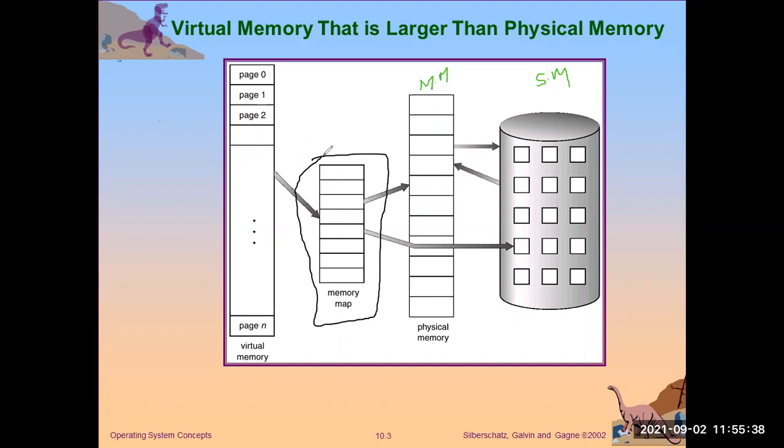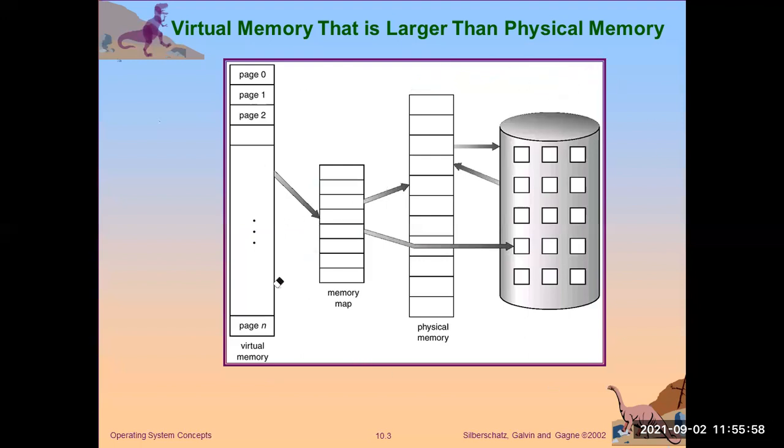Here also we will use a memory mapping technique that can be used to transmit pages from virtual memory to the main memory. We will discuss how this memory mapping technique can be performed.